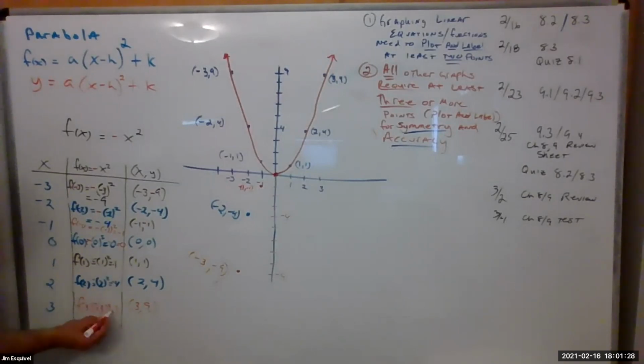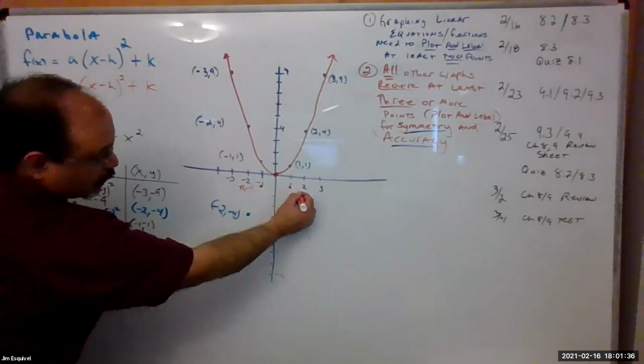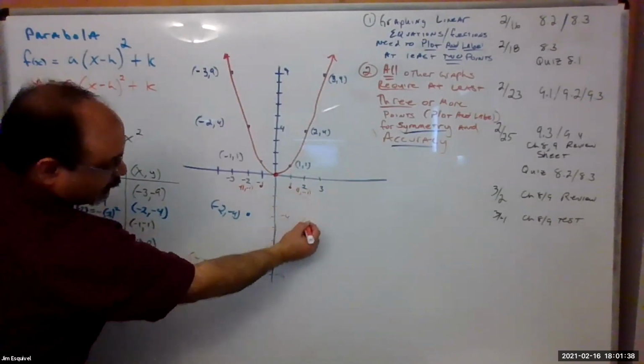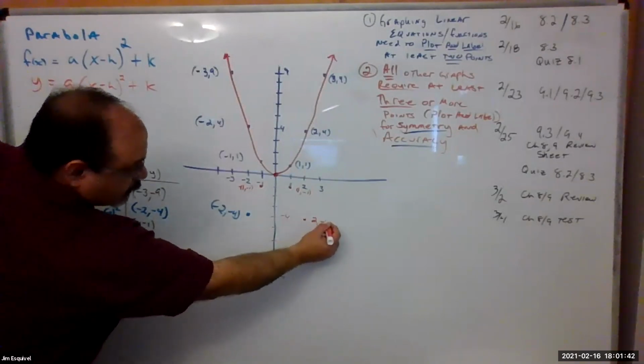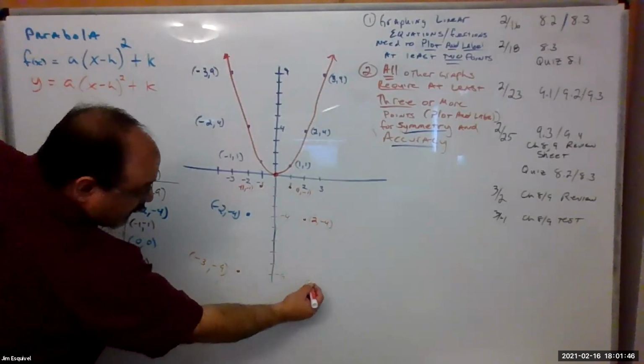So all of these are going to have negative y values. So over here, this is going to be 1, -1, 2, -4, and 3, -9.